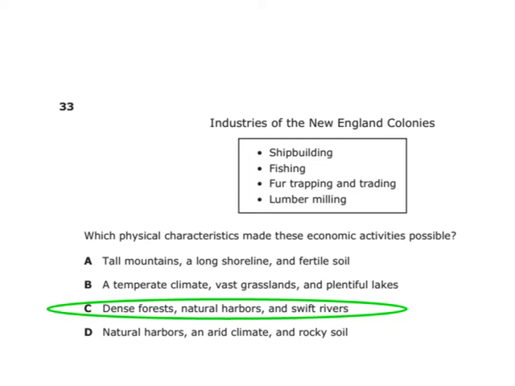I told you that before. They had big natural harbors. And they had swift rivers, which eventually led to industry because those fast-moving rivers allowed the turning of mills that produced all kinds of energy to have factories to do all kinds of things. So that's what we need to know about the New England colonies. Dense forests, natural harbors, big harbors where you could pull in and make big port cities because you had big natural harbors to pull in big ships.